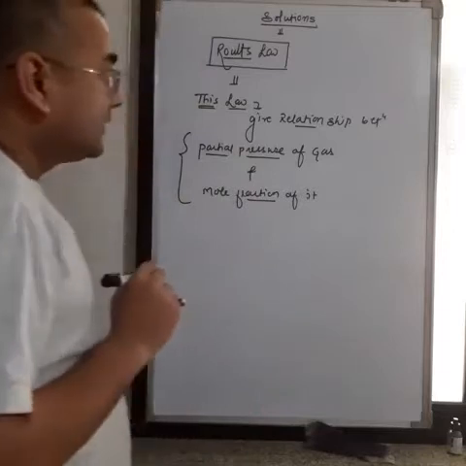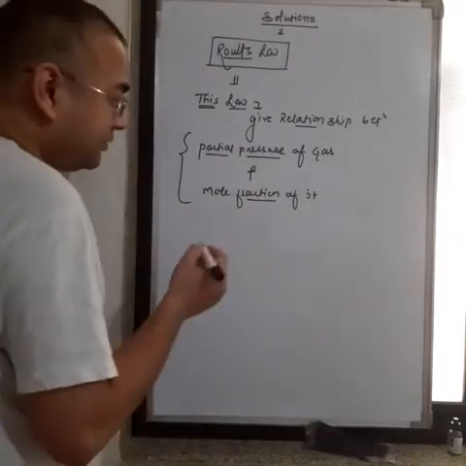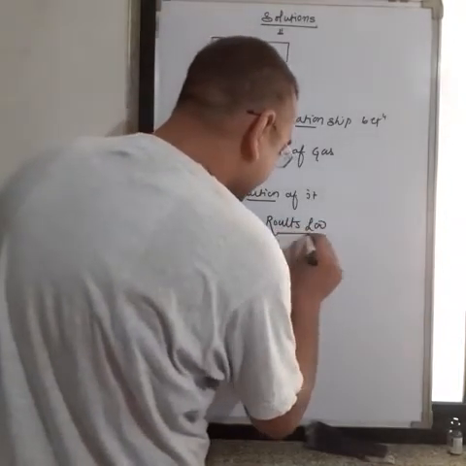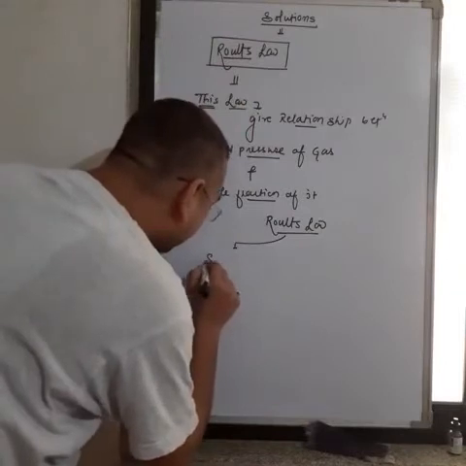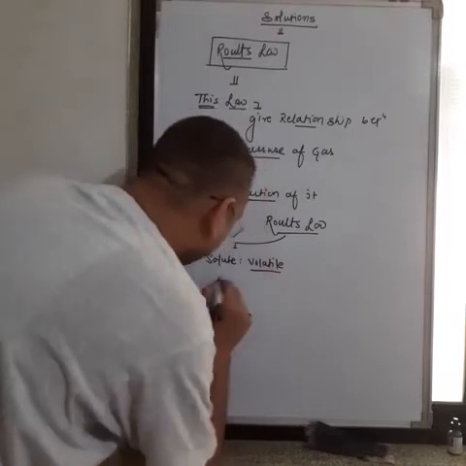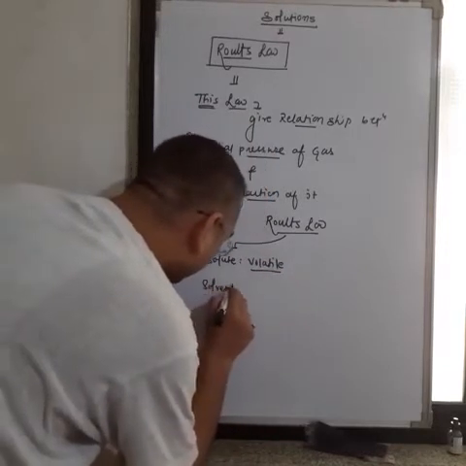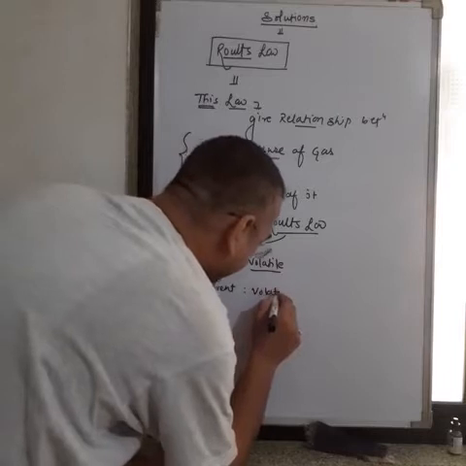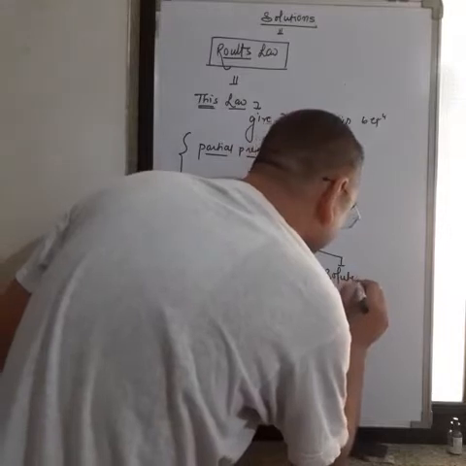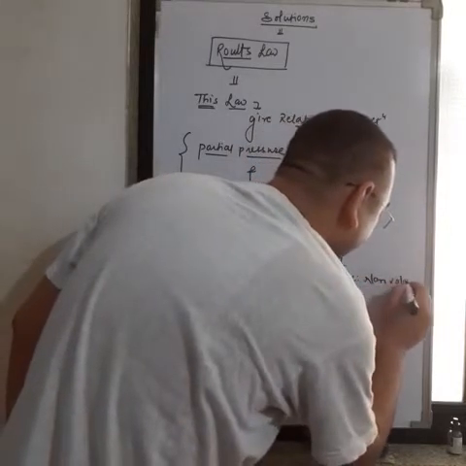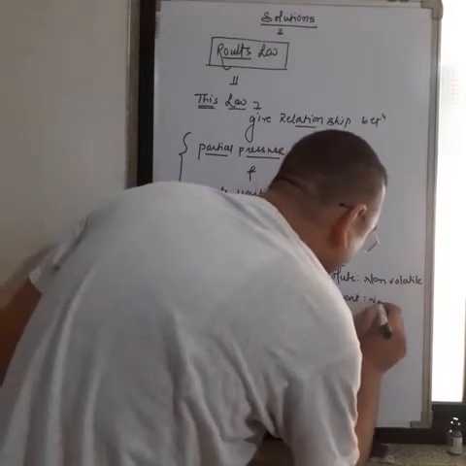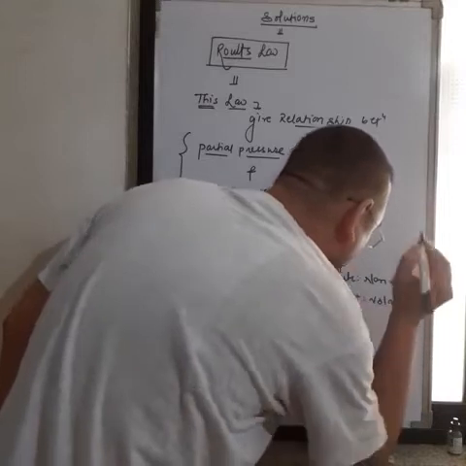So here we have to see Raoult's law in two different situations. In one case, the solute is volatile and the solvent is volatile, while in another case, the solute is non-volatile and the solvent is volatile.